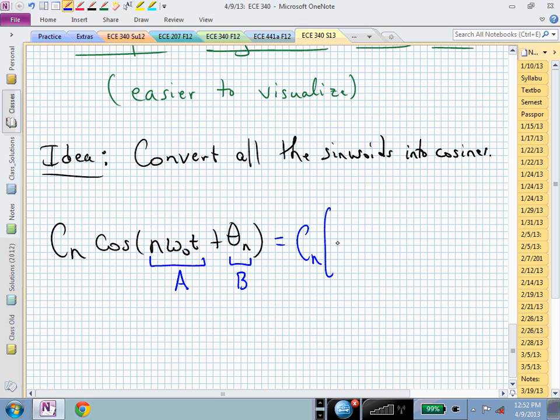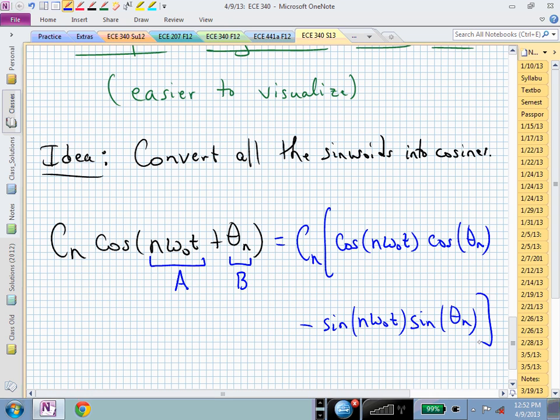Plugging those in, we now have cosine of n omega naught t, that's cosine A, cosine B, minus sine of A, which is n omega naught t, sine of B, which is theta sub n, and now we can close up that big bracket.